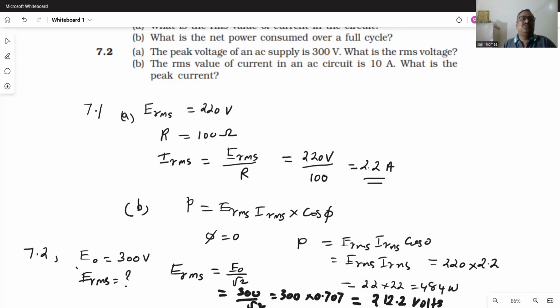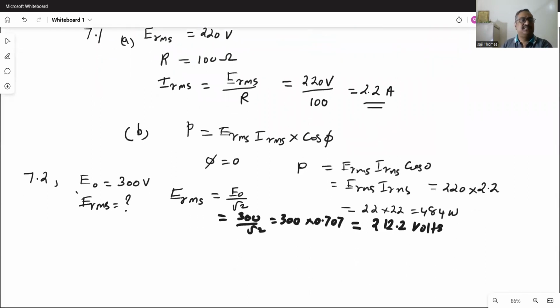And the second part of the question: RMS value of current is given, 10 ampere. What is the peak current? In the same way, you have to find out peak current. But RMS current is given. IRMS equals 10 ampere.